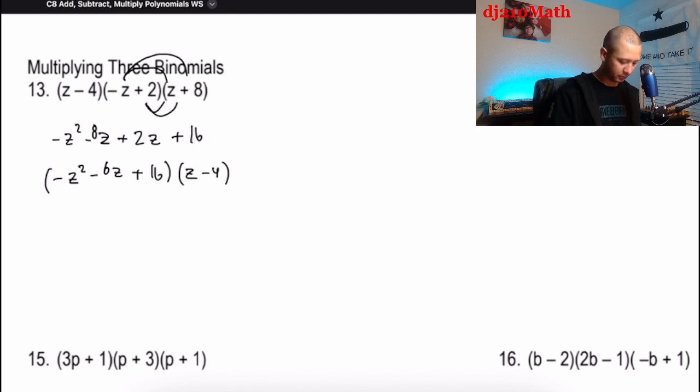All right, we'll do first, so we can say z 16, negative 6z squared, negative z cubed.